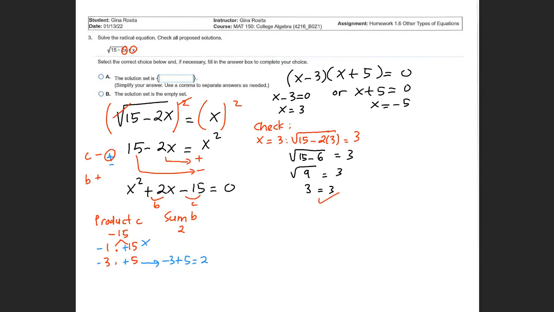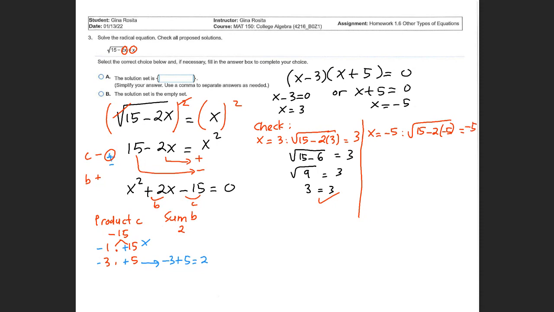Okay, so now look at the other answer. For x equals negative 5, we have to check. So now x equals negative 5. We just plug in now. So square root of 15 minus 2 times negative 5 equals negative 5.